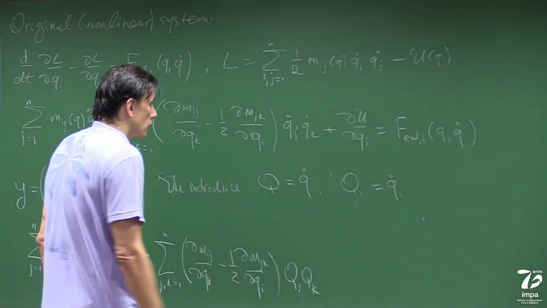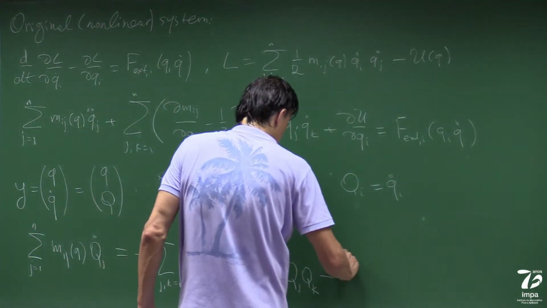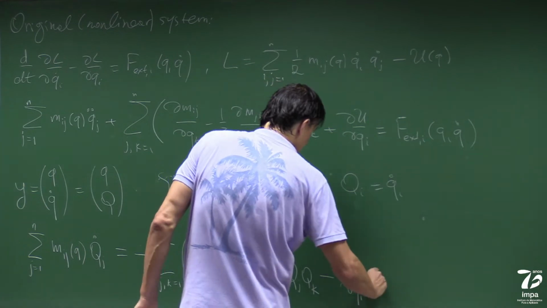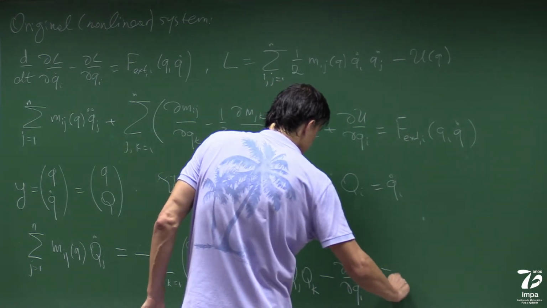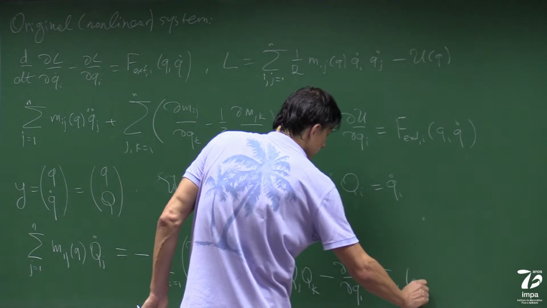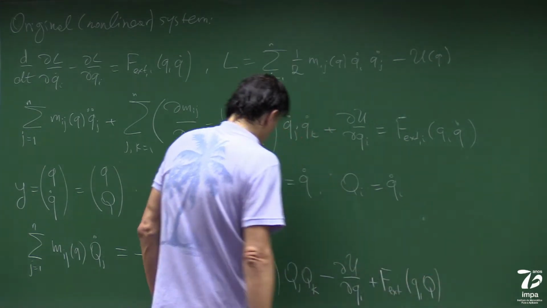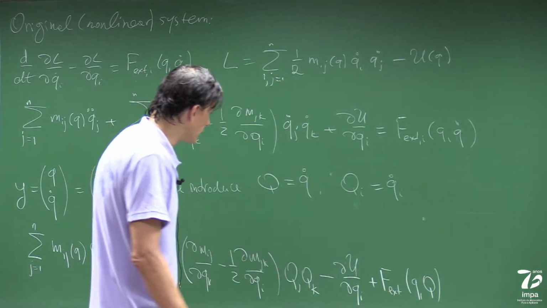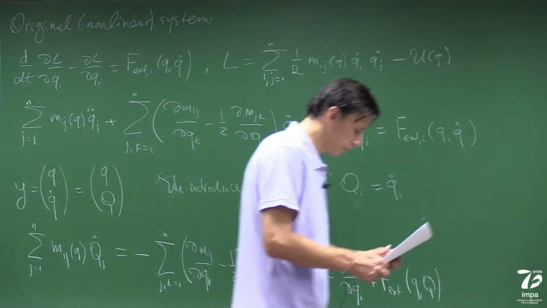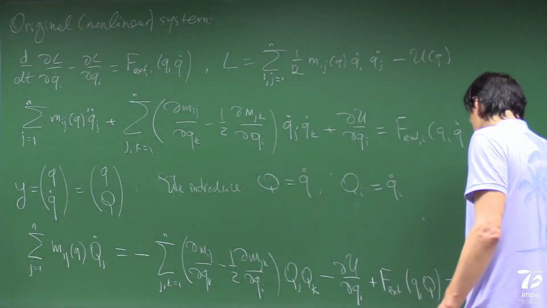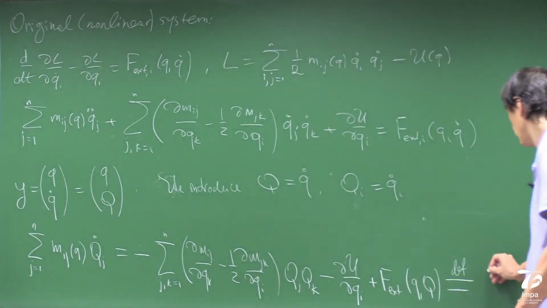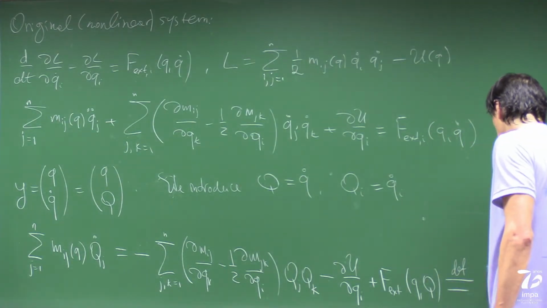Then there will be minus dU/dq_i and plus the remaining terms. So on the right hand side there are no derivatives anymore, so let's just define it as some function. Let's call it f_i.